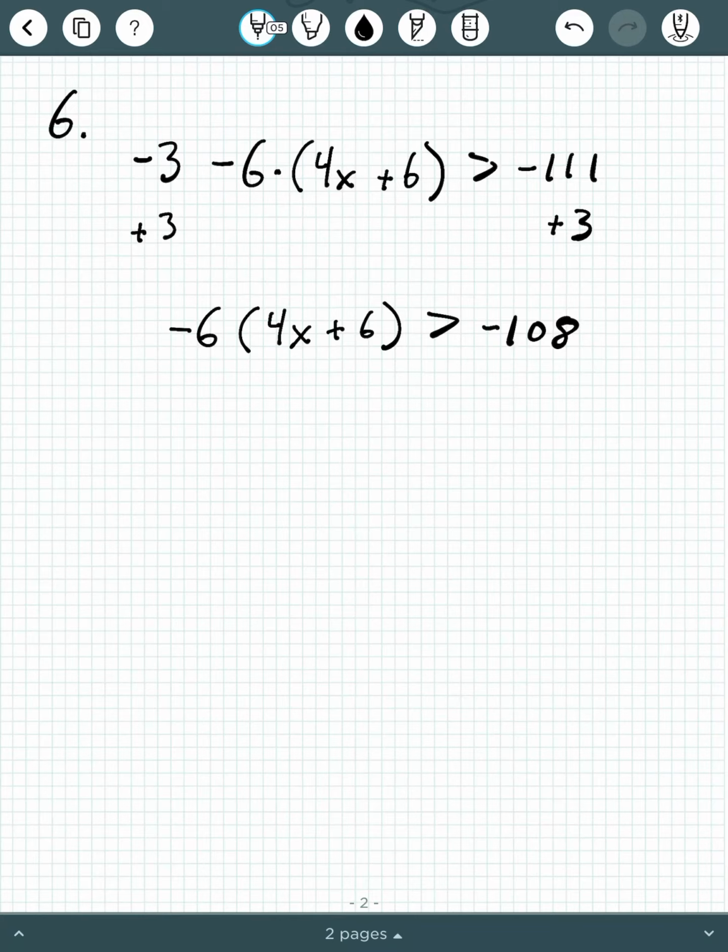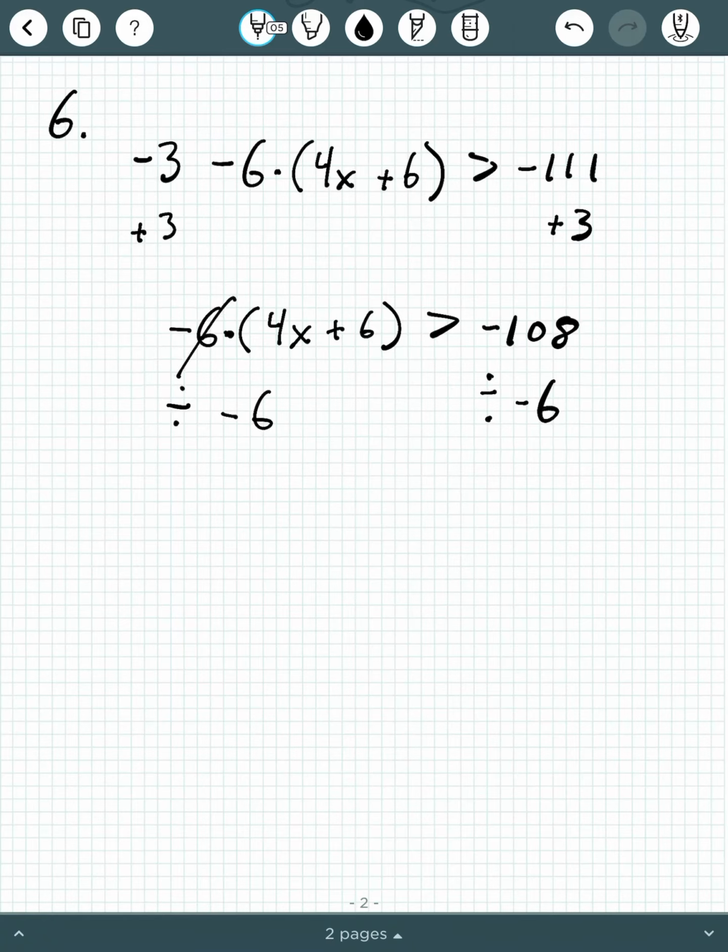A next step I can do would be to distribute, or if I want to save myself a little bit of work, since I know this is multiplication by everything on the left side, I can undo it by dividing everything on both sides by -6.